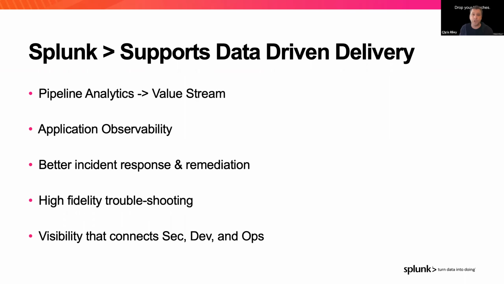Pipeline analytics matter in order to do that. And this all leads to what I think is the mecca, which is being able to tie your delivery chain to business value. Can you go from prod to your impact on revenue, reduction in churn, customer satisfaction, etc.? So Splunk spans the entire delivery chain and the business in order to do that.